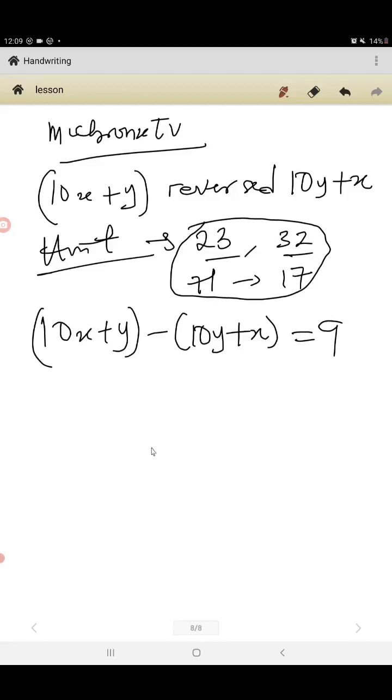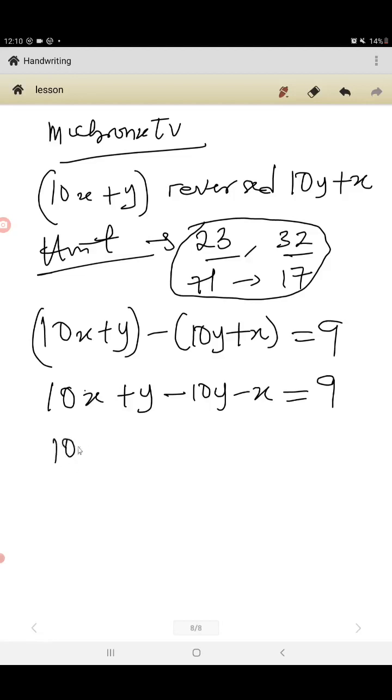So therefore, let's try to expand these variables. We now have 10x plus y minus 10y plus x in brackets, equal to 9. We have to collect like terms.